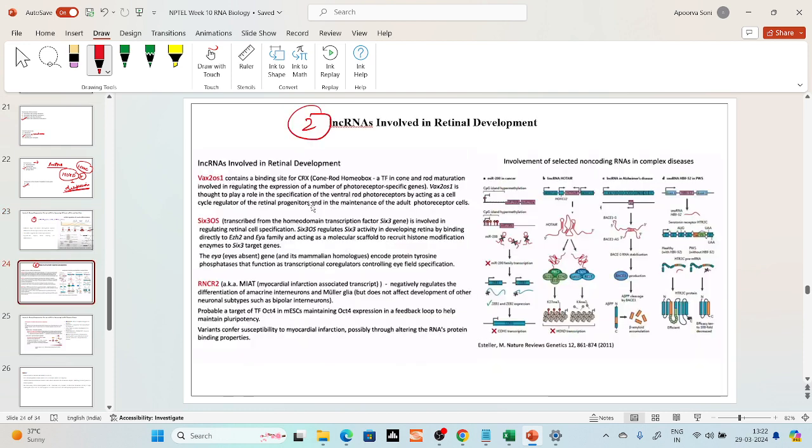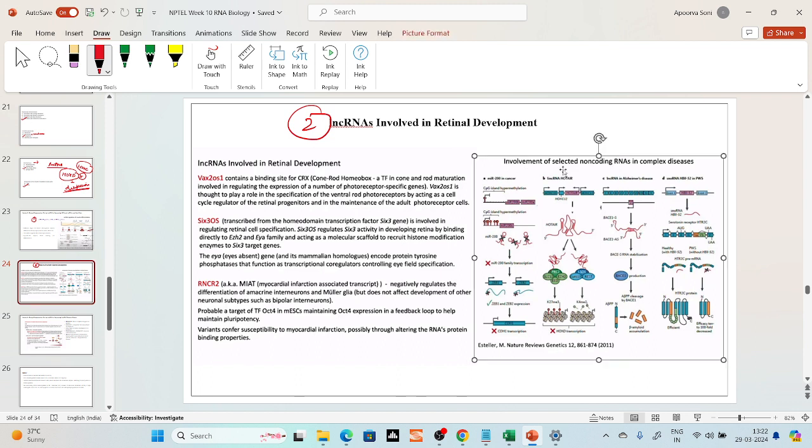And the second role is that these non-coding RNAs are involved in retinal development. You can see these are the three factors: VAX2OS1, 6,3-OS, and RNCR2. These are the three factors which are regulated by non-coding RNAs. You can go through it, it's just theory.